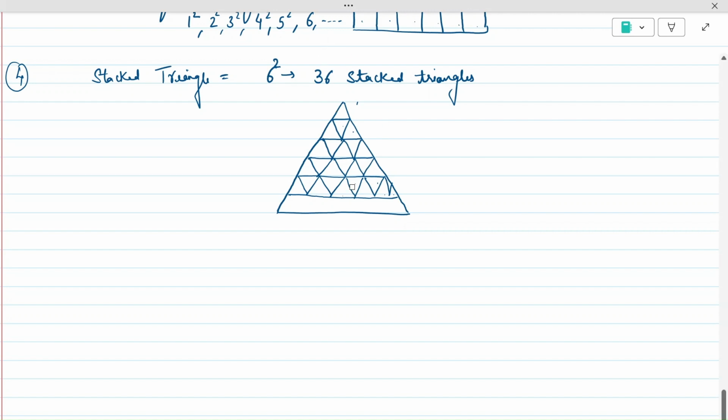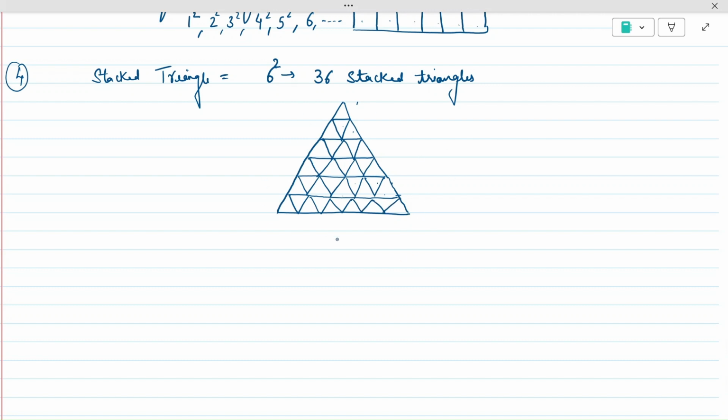I'll just correct this. Right, and the last one we will have 11. So how we are going to make 11 is 1, 2, 3, 4, 5, 6, 7, 8, 9, 10, 11.